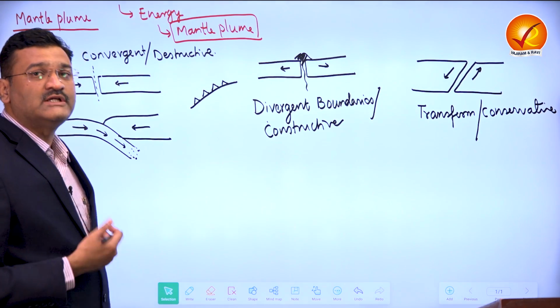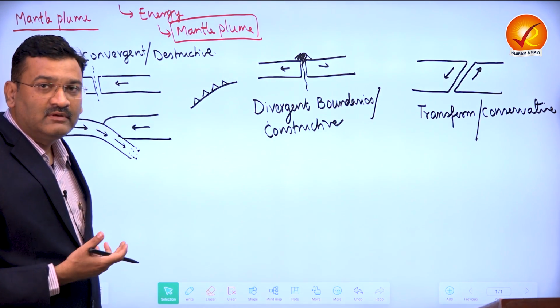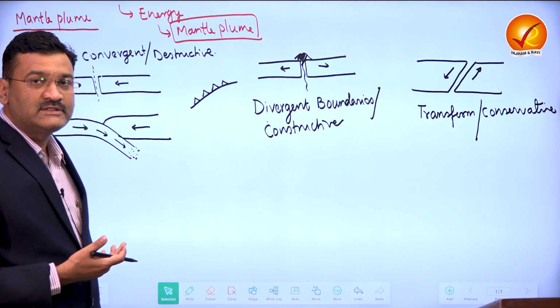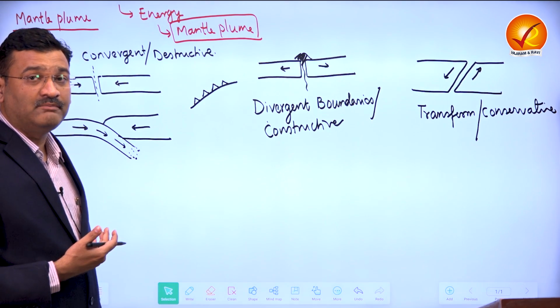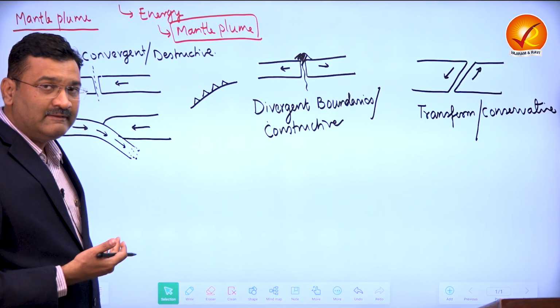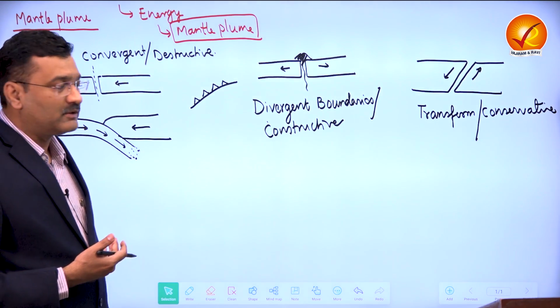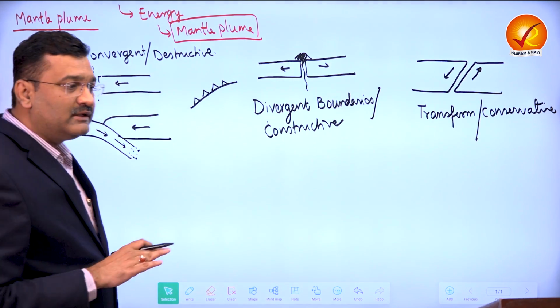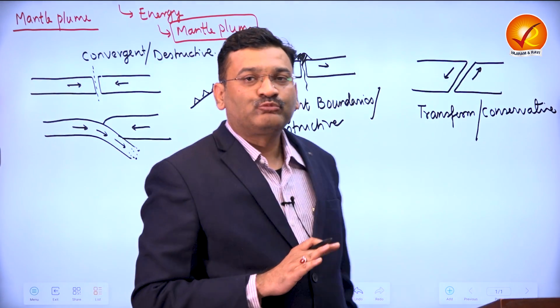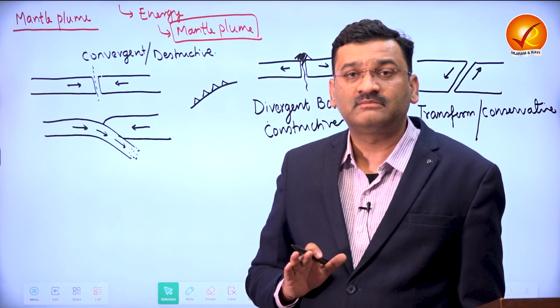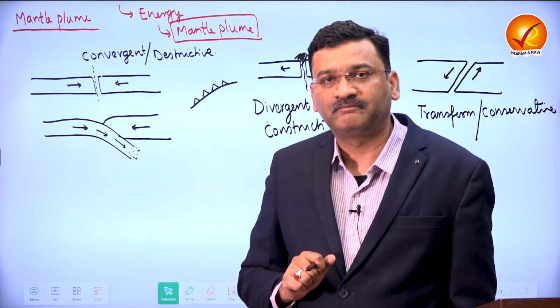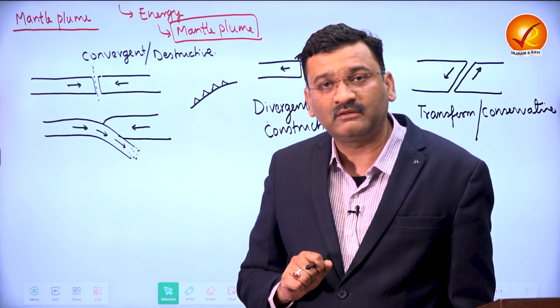Depending on the location of the boundary, we will have different types of interaction. This will result in different types of landforms and also different geophysical phenomena. So this study of interaction of the plates is the major theme of plate tectonic theory.